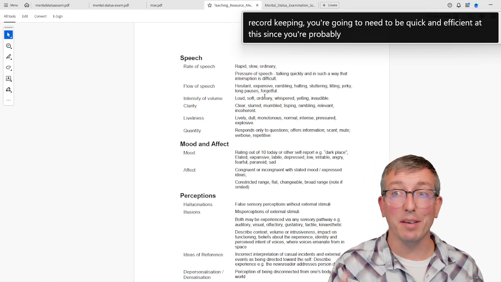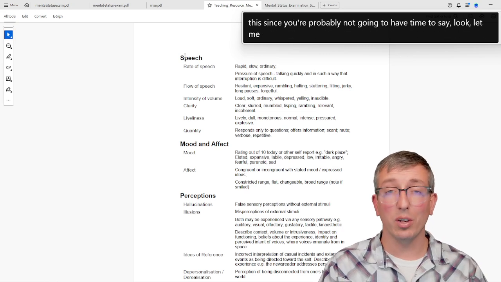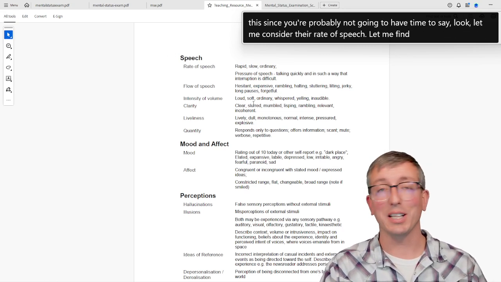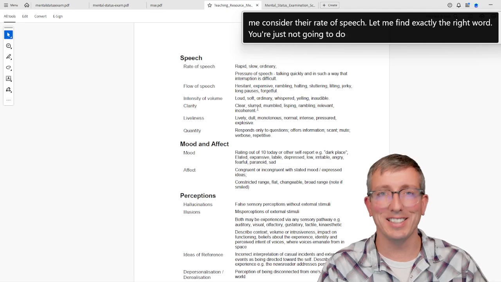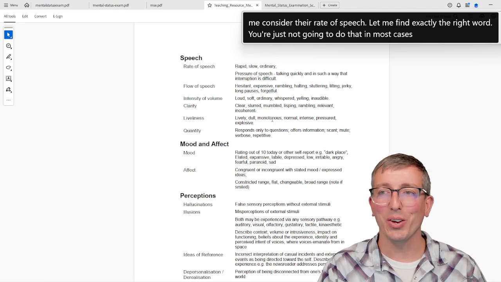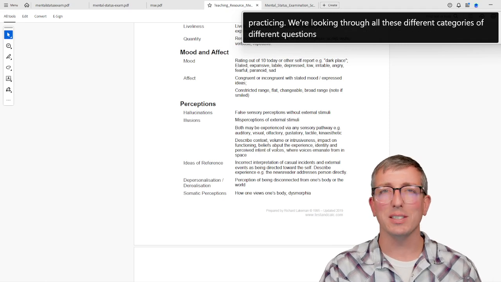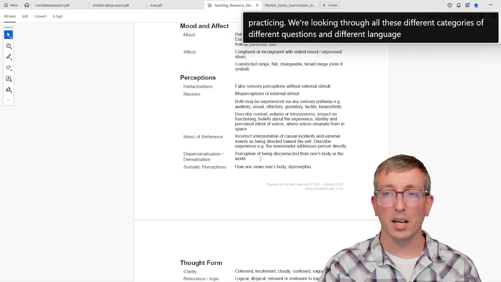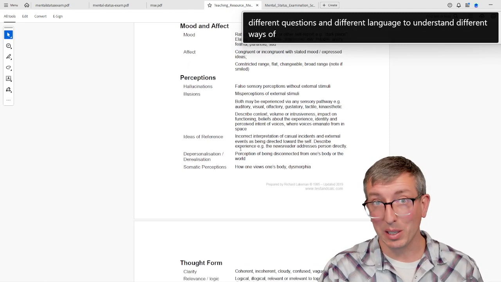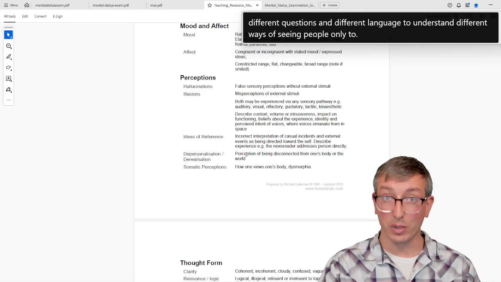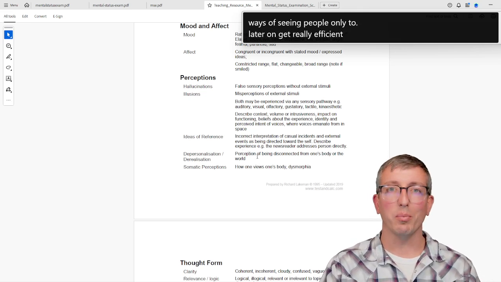You're probably not going to have time to say, let me consider their rate of speech, let me find exactly the right word. You're just not going to do that in most cases. So right now we're practicing. We're looking through all these different categories, questions and language to understand different ways of seeing people, only to later on get really efficient with our process.